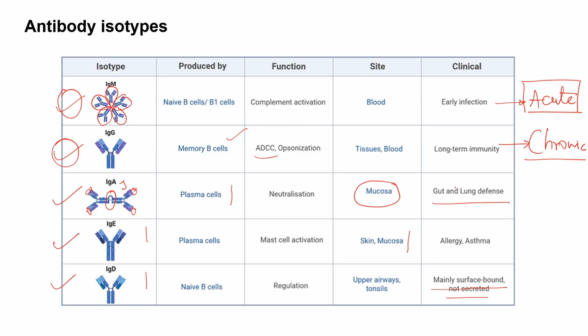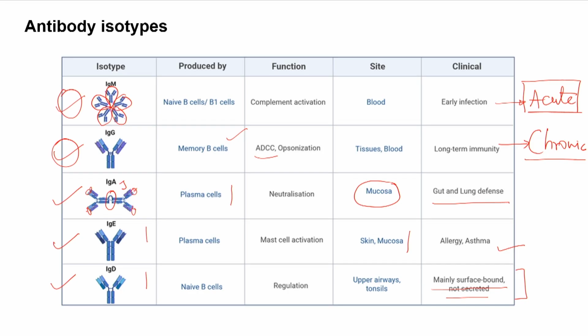So both lung and gut have a high amount of IgA-specific antibodies. And IgE is especially related to allergic infection. Asthma is one such condition where we could see that IgE production is increased in the human body. IgD is mostly not in the secreted form, so we can't see that much function with IgD, but mostly these are associated with the surface and are bound to the immune cells.